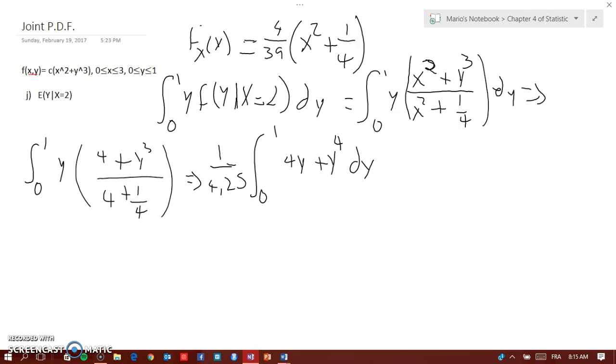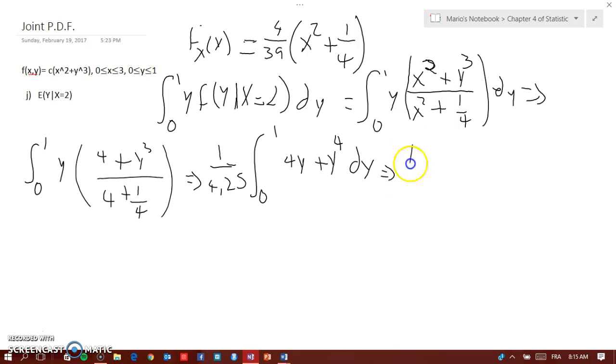What I did here is I made it simple for me to integrate, because I already have x equal to 2, so I substitute 2 every time I see x, and I get a number on the bottom that I can just move outside of the integral to make it easy to integrate.